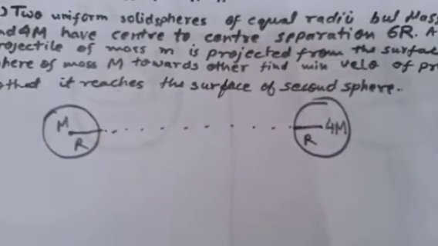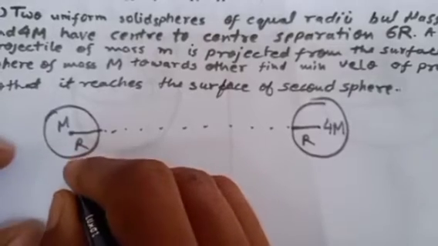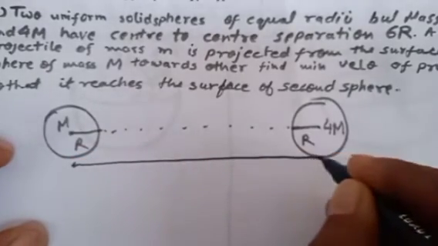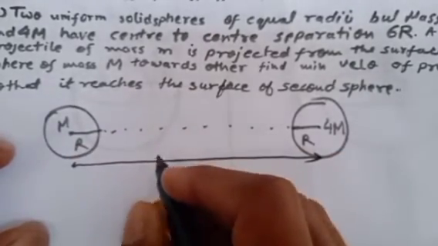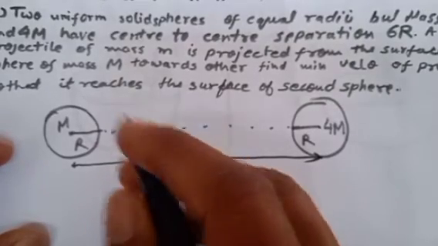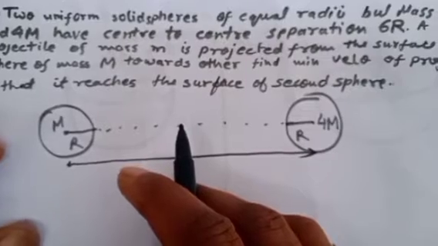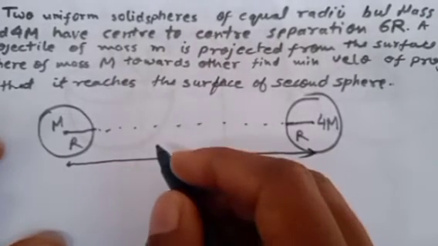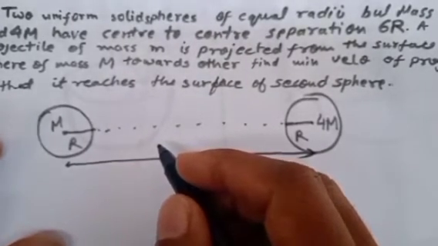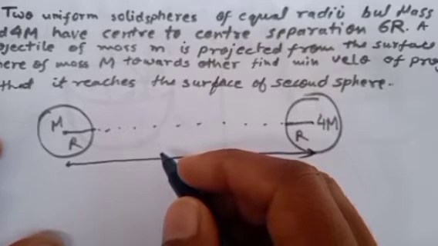So first of all we have to find at which distance from the center of this planet, this sphere. They have used the word sphere, and I like this word instead of saying planet, because I have to use multiple terms.